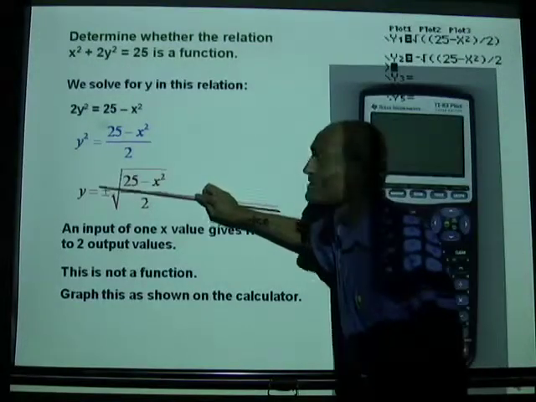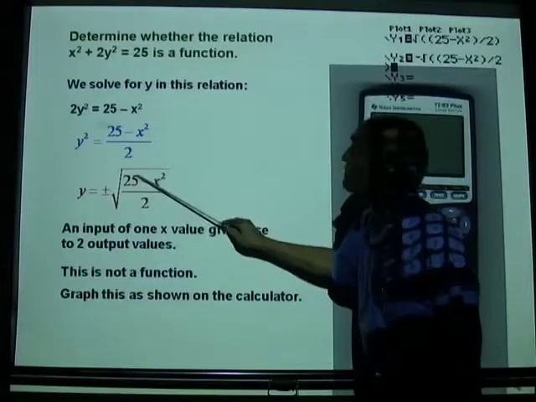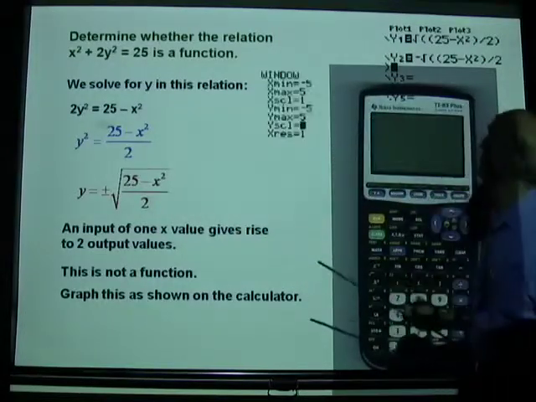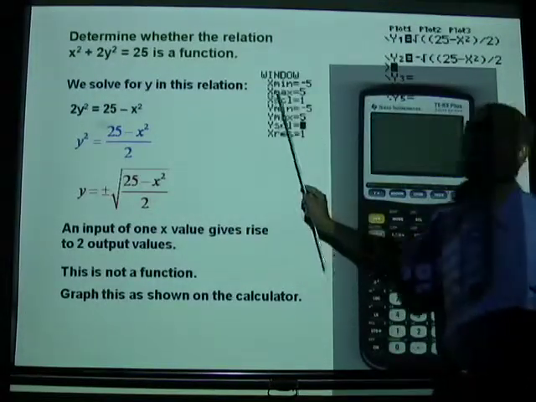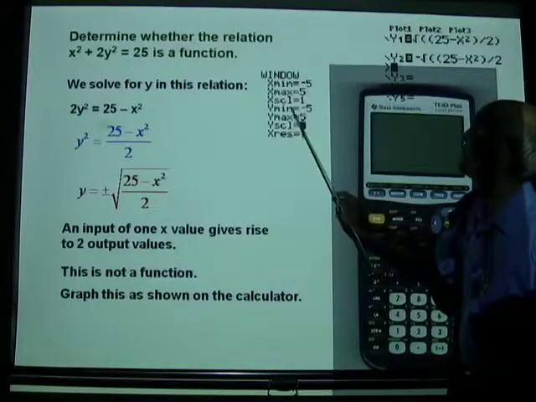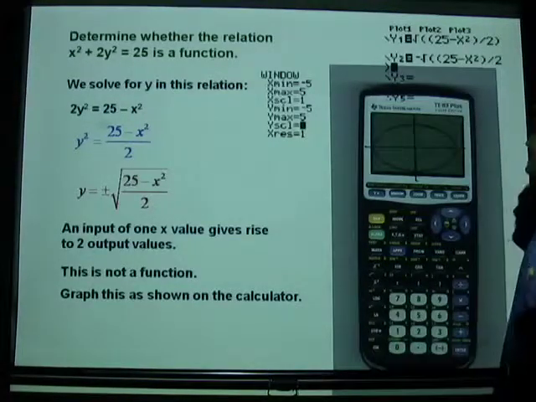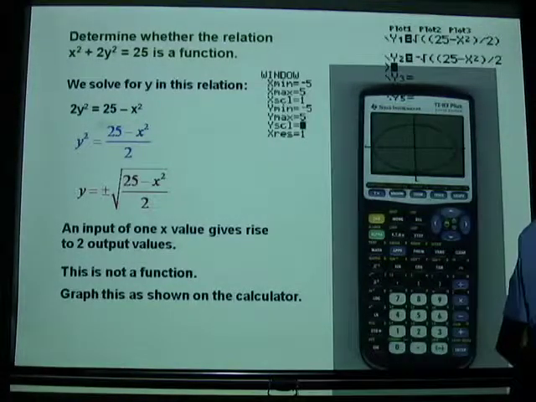So you are entering this as two different functions. One is the positive part and the other is the negative part. And use this window: x minimum, x maximum, y minimum, y maximum, and draw the graph.